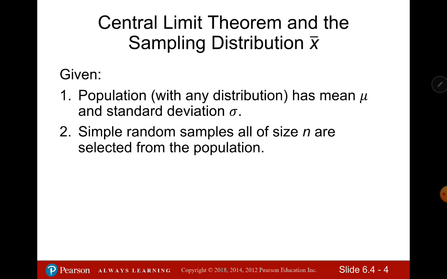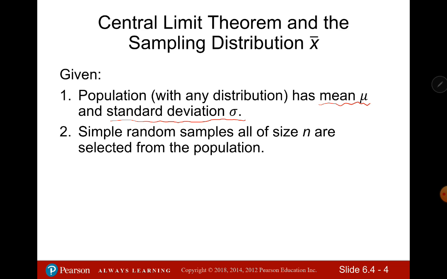So let's check the condition. The population can have any distribution. It can be a binomial distribution, a uniform distribution, any distribution, but it has the mean equal to mu and the standard deviation sigma.